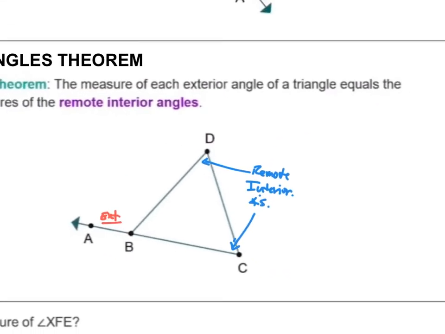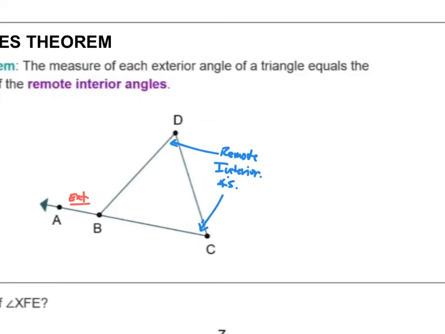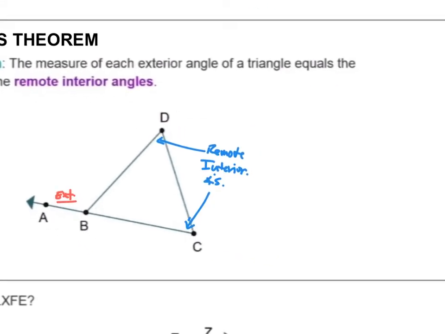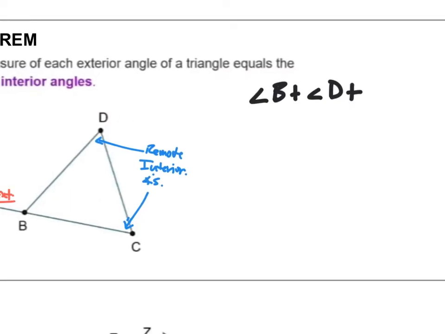Now here's what I know. If I take angle B plus angle D plus angle C, if I add up all the angles in this triangle, I'm going to get 180 degrees.